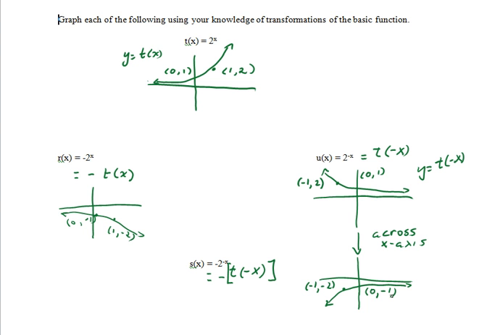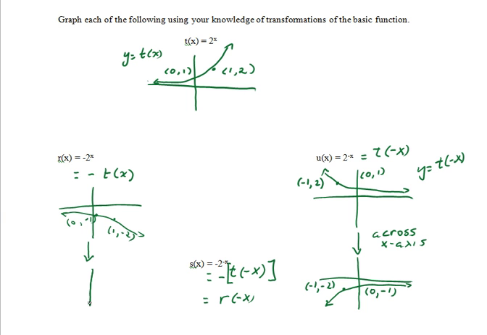Or we could start here and notice that the x has been replaced by the opposite of x, and so s of x equals the opposite of 2 to the opposite of x could also be thought of as r of the opposite of x.